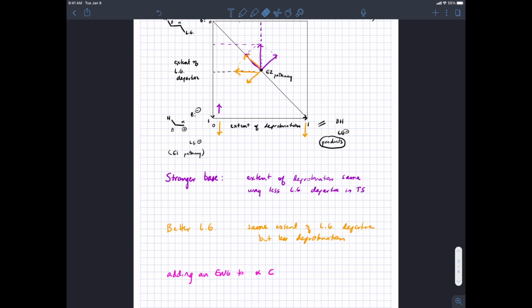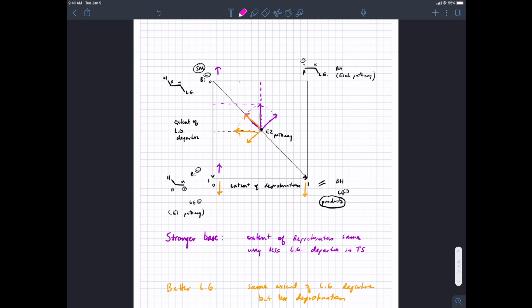Oh, sorry, no, I was wrong. Adding an electron withdrawing group to the beta carbon. So this would be like if I had an electron withdrawing group here, and that would tend to stabilize the anion while really not doing much of anything else.